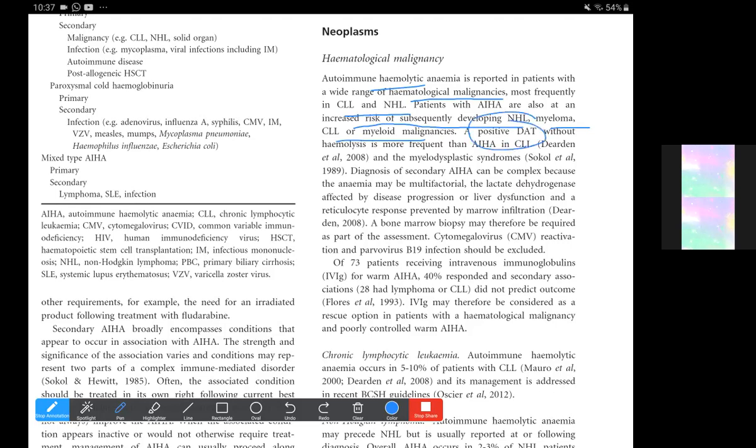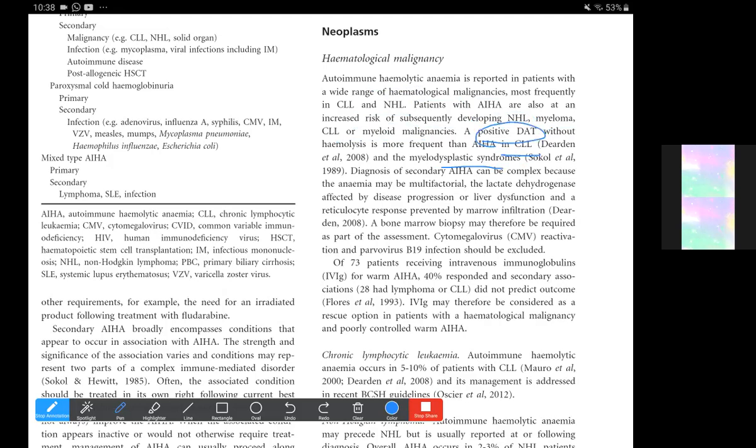Now, a positive DAT without hemolysis is more frequent than autoimmune hemolytic anemia in CLL and the myelodysplastic syndromes. So in both these conditions, chronic lymphocytic leukemia and myelodysplastic syndromes, there would be evidence of positive DAT.